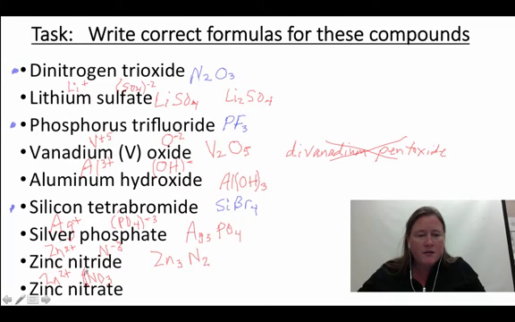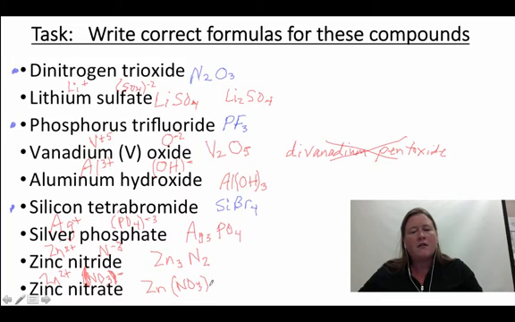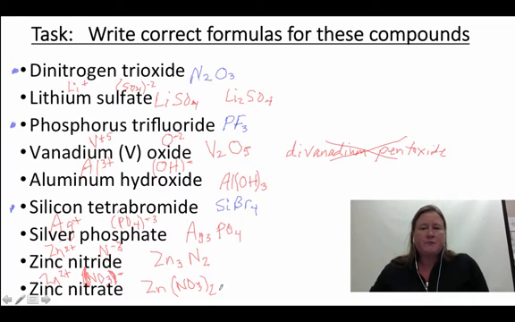This is a little group with a -1 charge, so I put parentheses around it. Using the crossover rule, we're going to need 2 nitrate groups. This is where the parentheses are mandatory. So zinc nitrate is Zn(NO3)2.